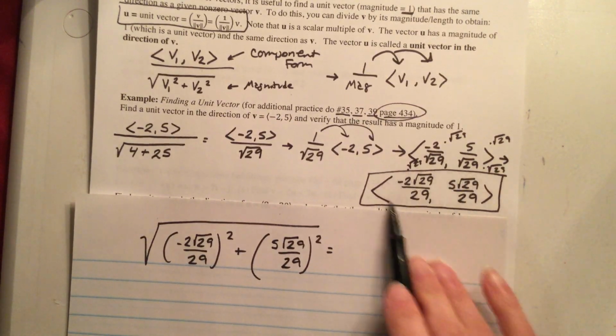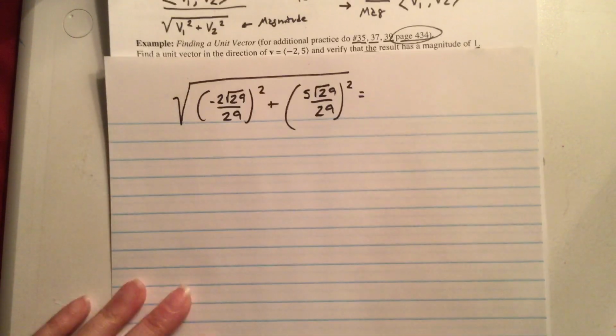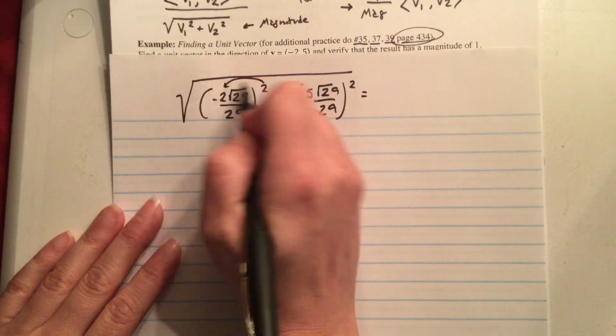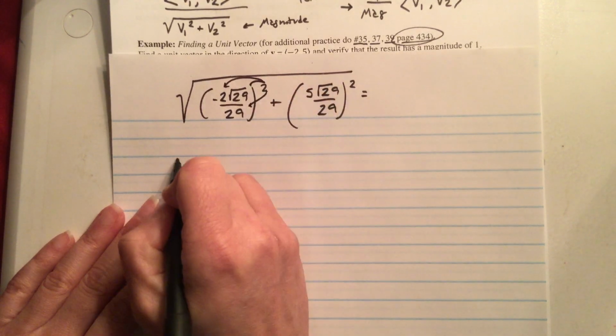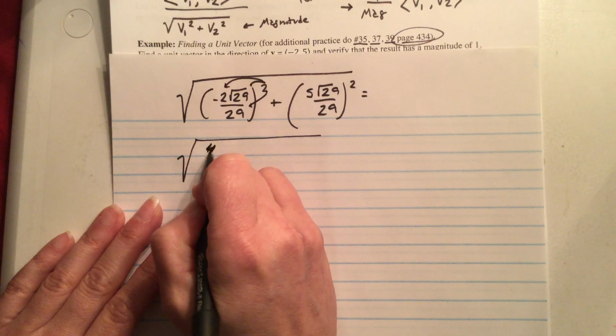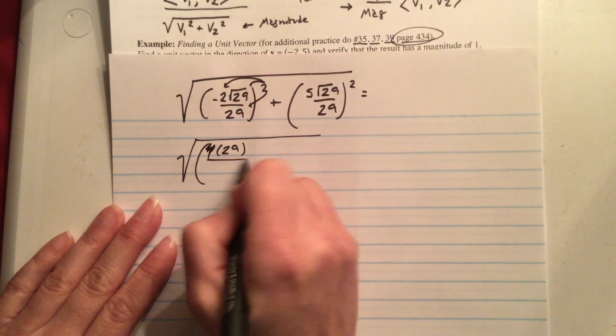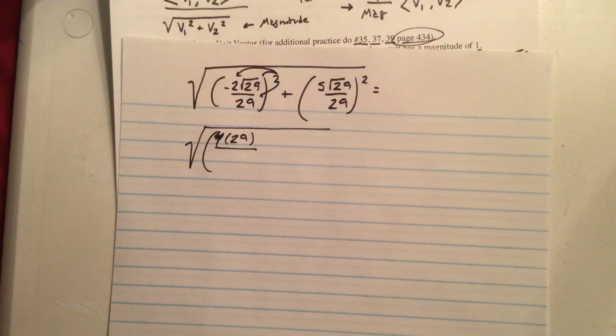So we found the vector, that component form. Now we need to find the magnitude to verify it's 1. When you square a fraction, remember it goes to every single thing. So -2 squared is 4, talking at the same time here. Square cancels a square root, so it's 29 over 29 squared.